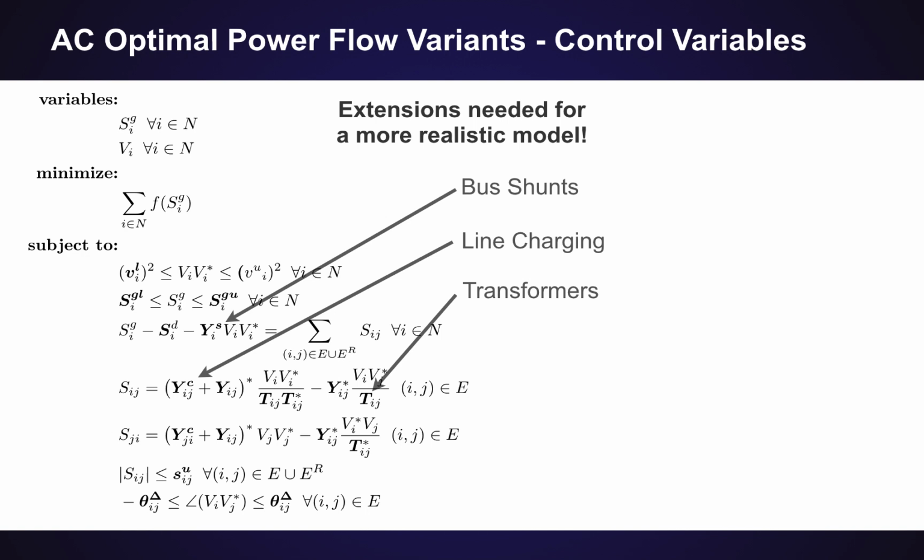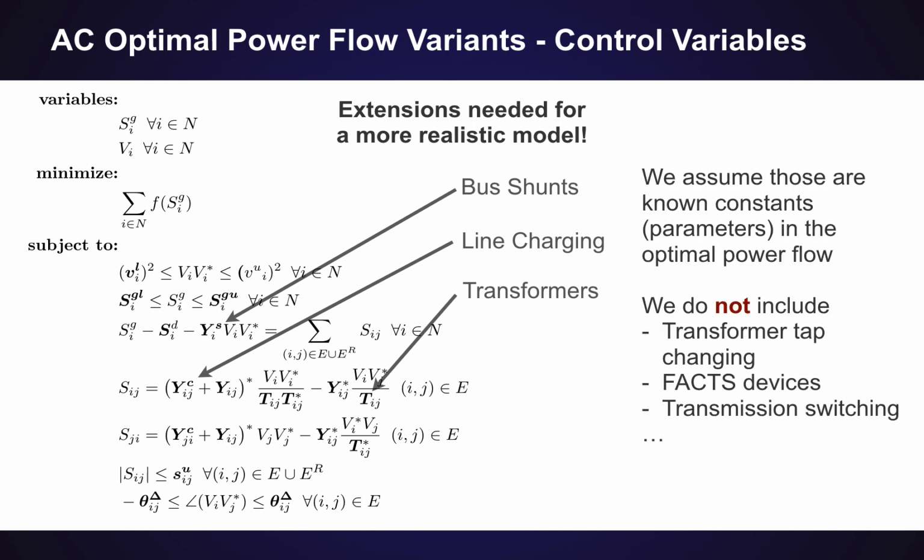And also we should note that as long as most of these, for example the line charging and the transformers, are fixed, this is not a very big extension to the formulation we had on the previous slide. And actually for the things that we are doing here, we are going to assume that the bus shunts, the line charging, and the transformers are really constants or parameters in our optimal power flow problem.